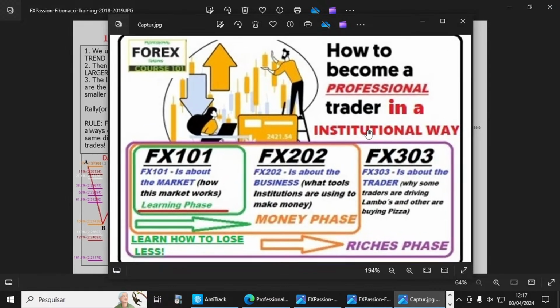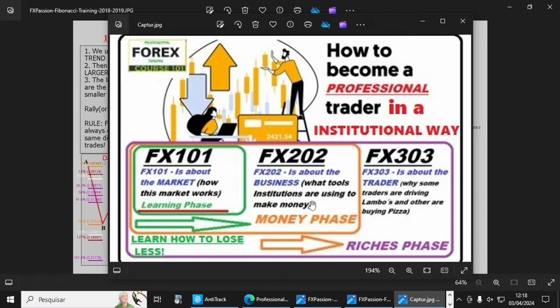Make sense? But in the Forex course 202, then we are learning different risk models. Alright? But professional money managers risk 0.5% per trade. Pen and paper right now. Professional money managers risk 0.5% per trade, and if the market goes in their direction, then they build the position.